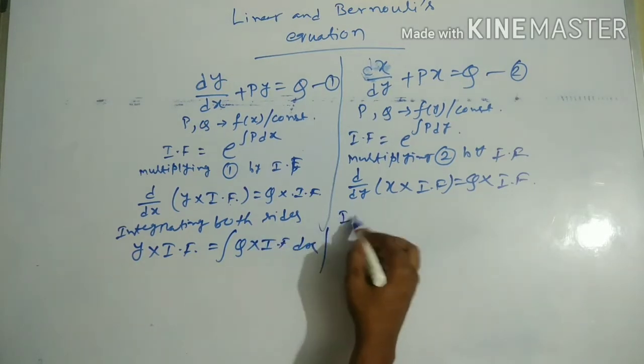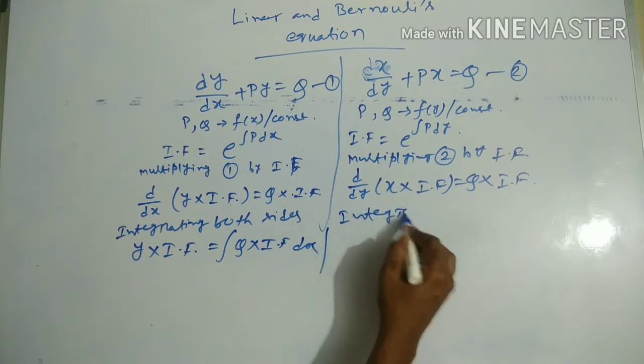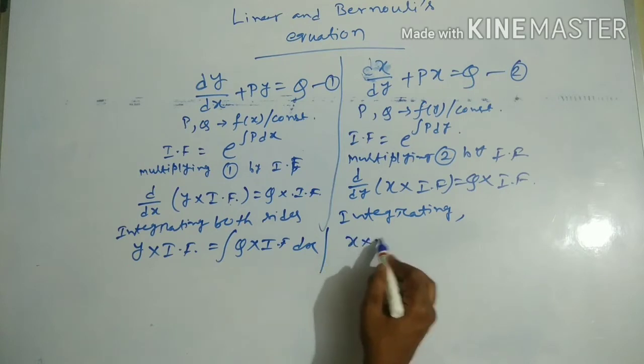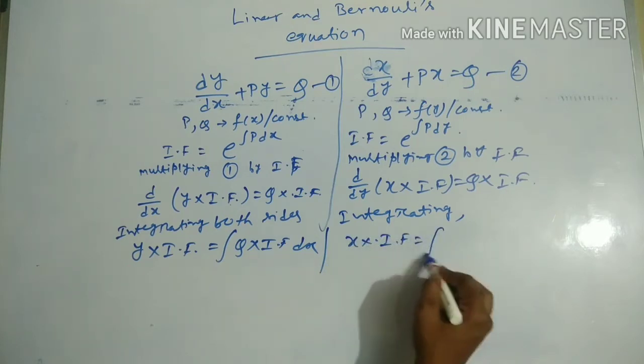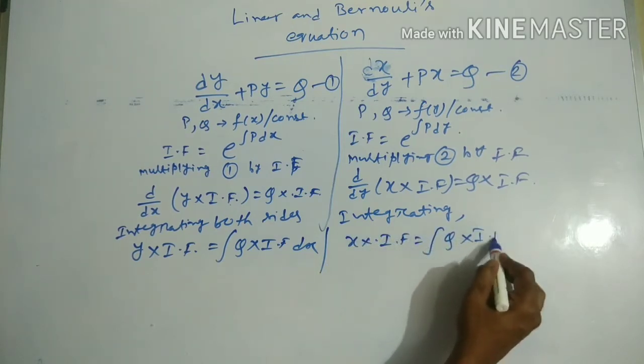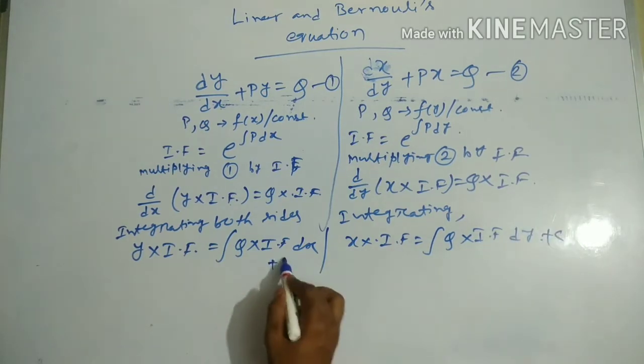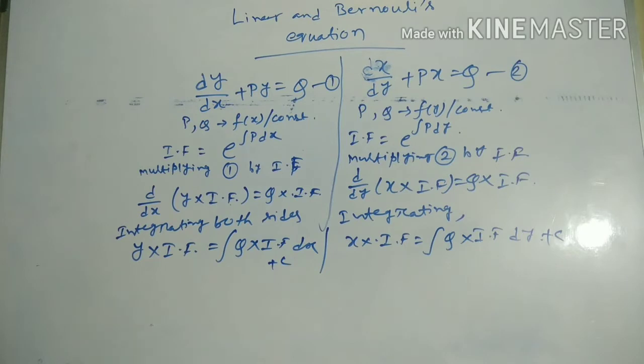Similarly, here integrating, we get x into IF equal to integration of q into IF dy plus c, where c is an arbitrary constant. So this will be the general solution for linear equations. Now I will take an example for both the forms.